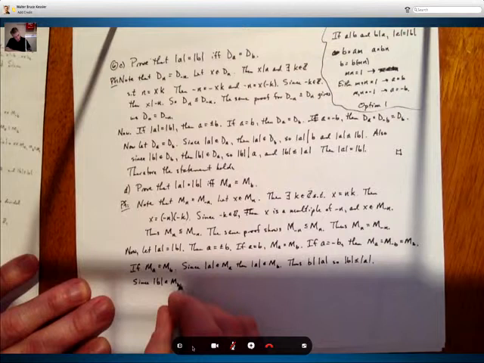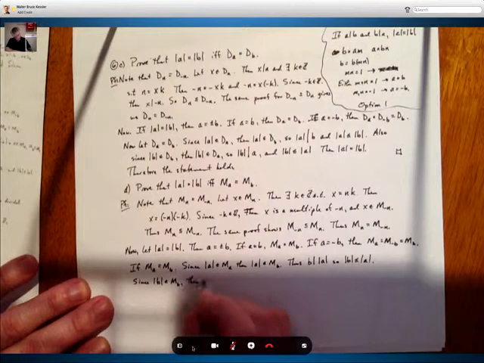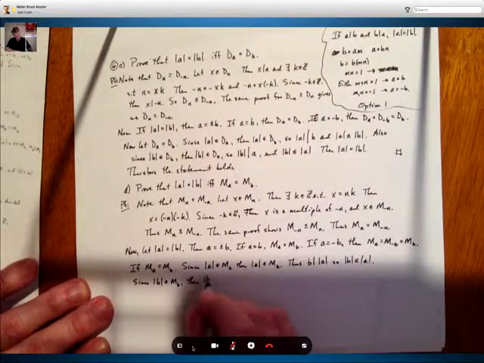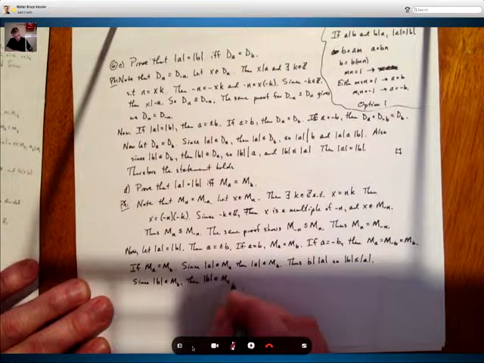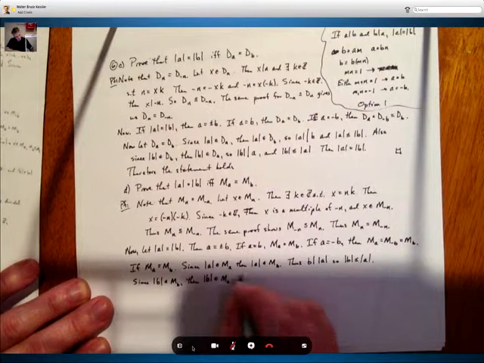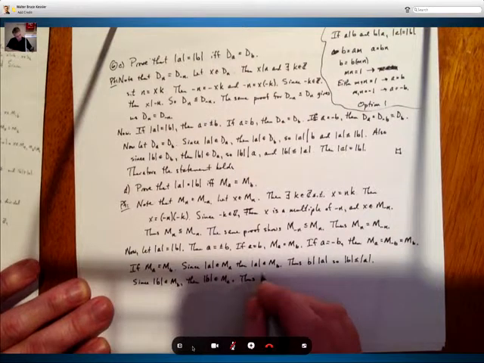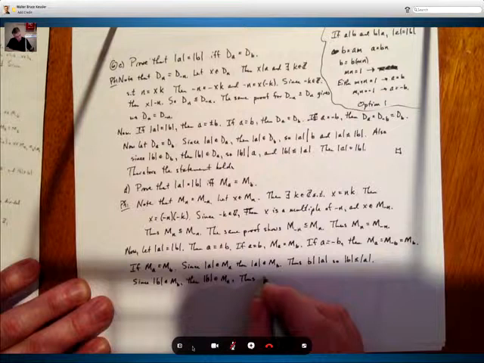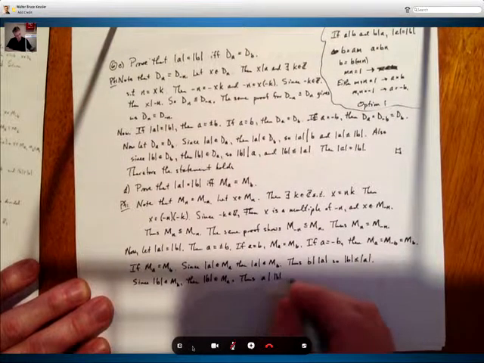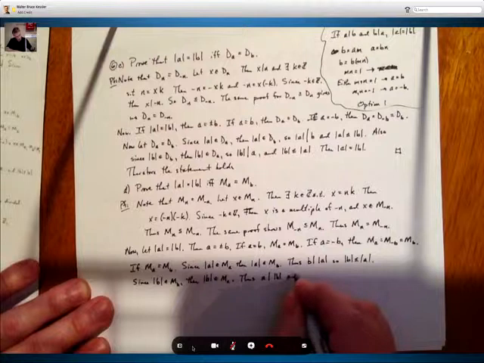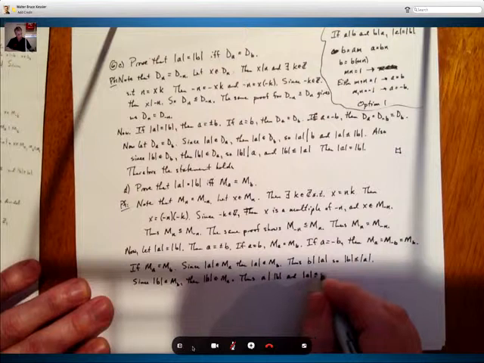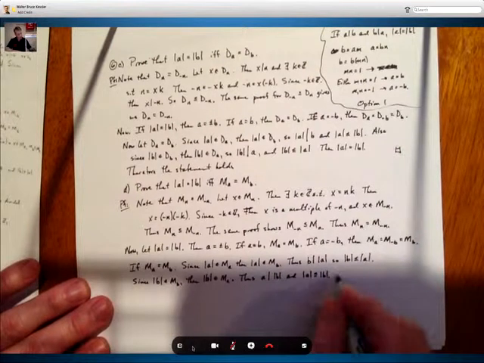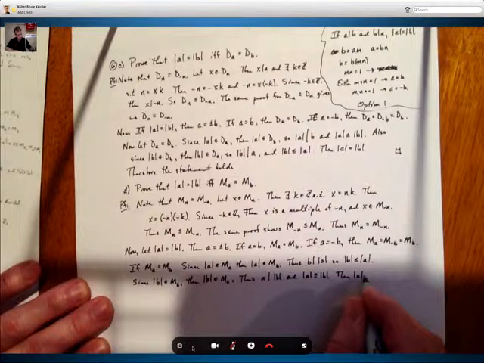Since the absolute value of b is in M of b, you see where I'm going, then the absolute value of b is in the multiples of a. Thus, a divides the absolute value of b, and the magnitude of a then has to be less than or equal to the magnitude of b.